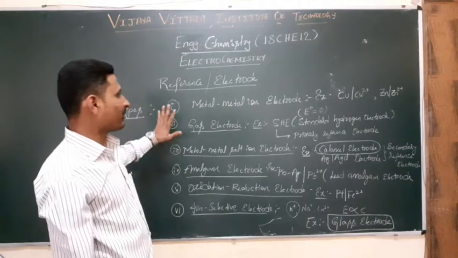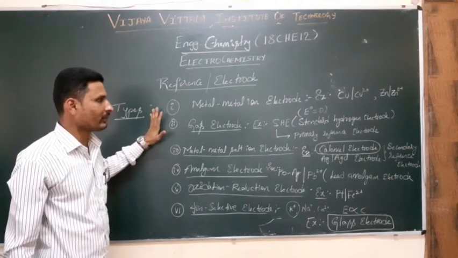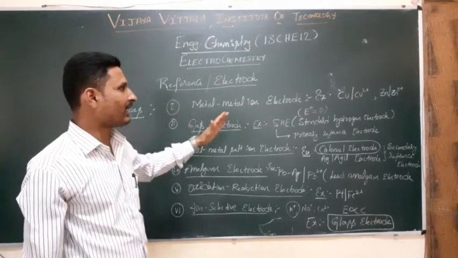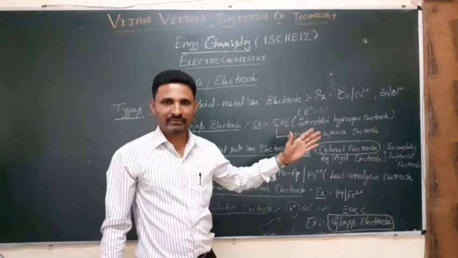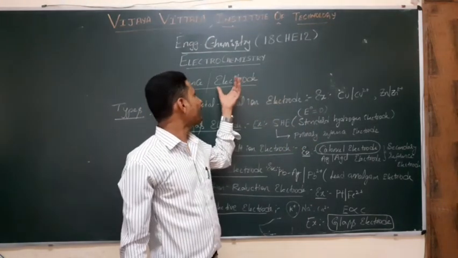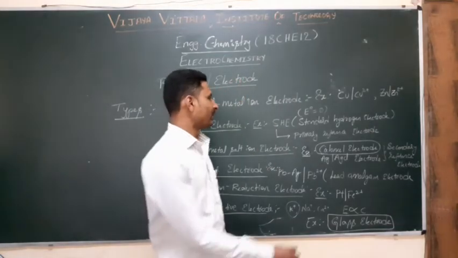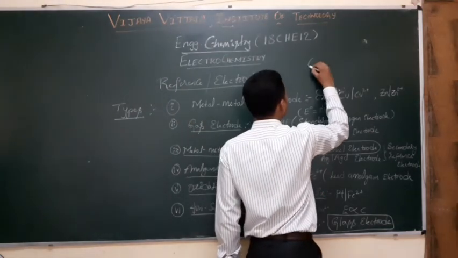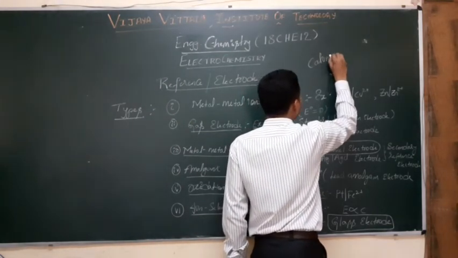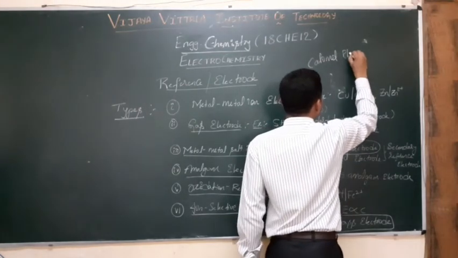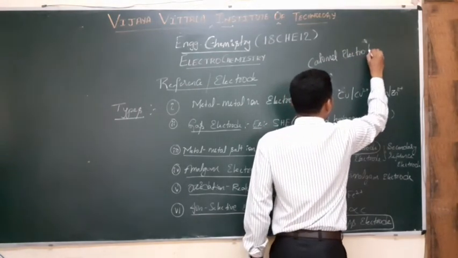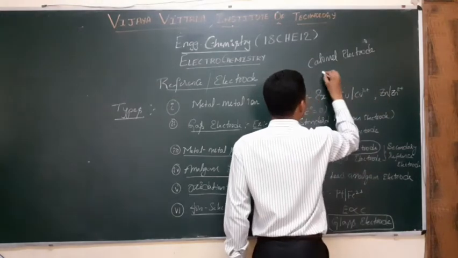In this chapter, electrochemical energy systems, we are going to study the reference electrode, the calomel electrode, and then the glass electrode.